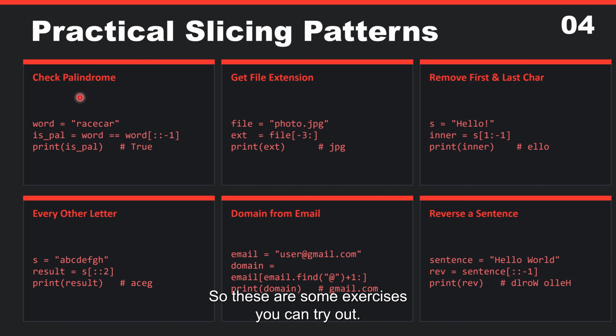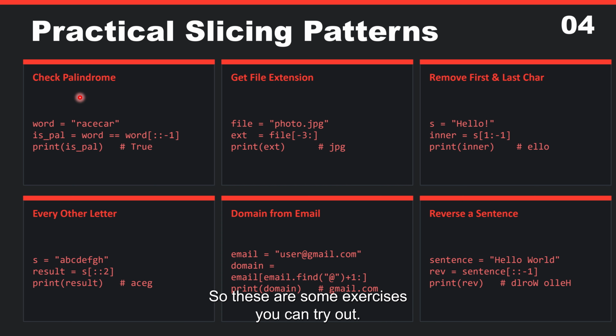You can reverse the word using two colons because this is basically start, stop, but with a negative step. So what it means, let me show you here. We had PYTHON, and we did step -1. So the colon means start from the start, and this colon means till the end.